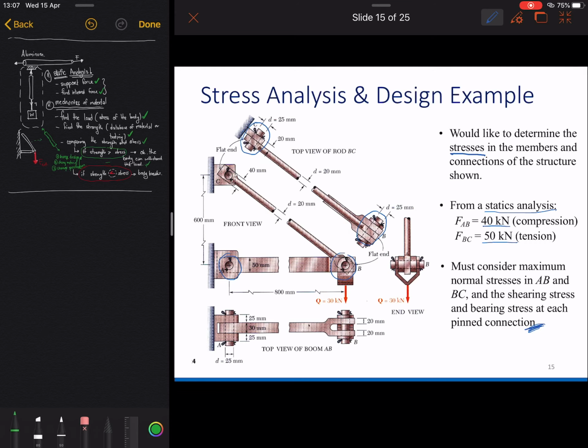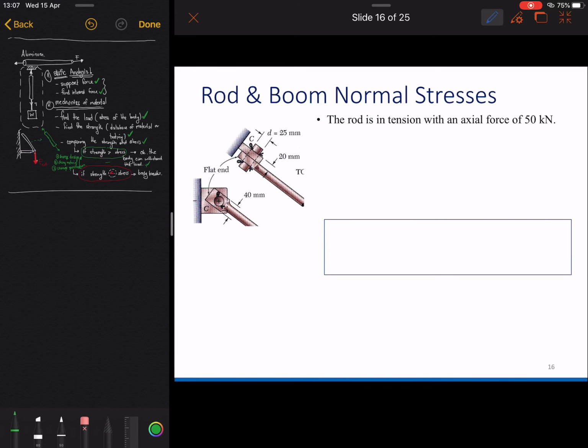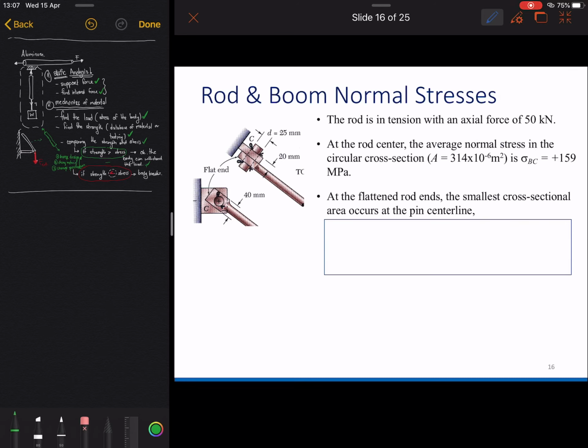Okay, so next, the rod is in tension of 50 kilonewtons, and the rod center is normal stress.